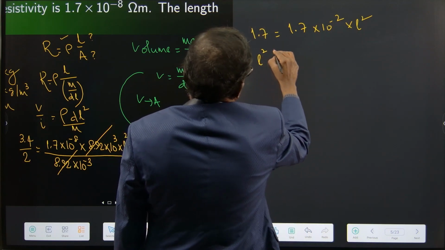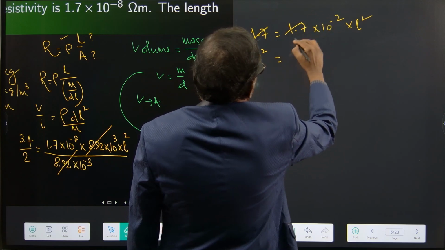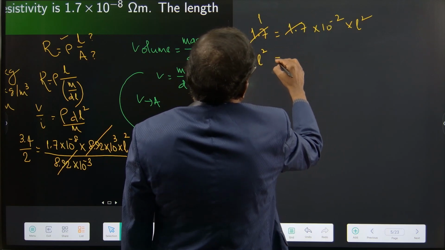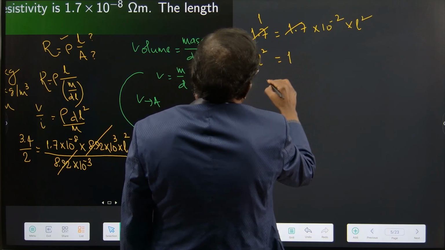The 1.7 can be removed, so 10 power minus 2 L square is equal to 1.